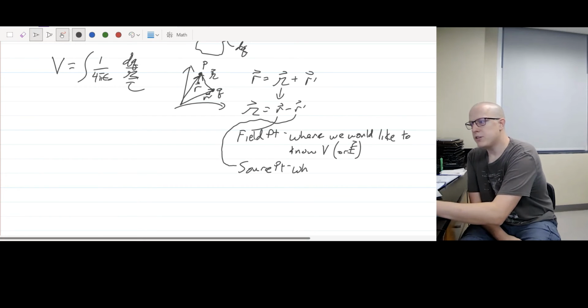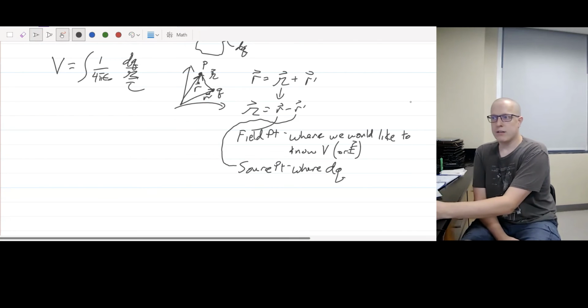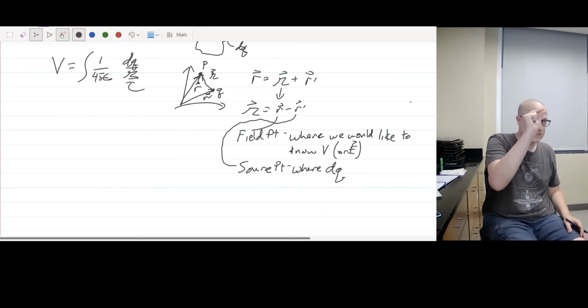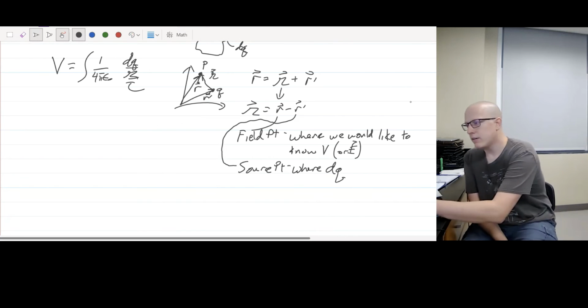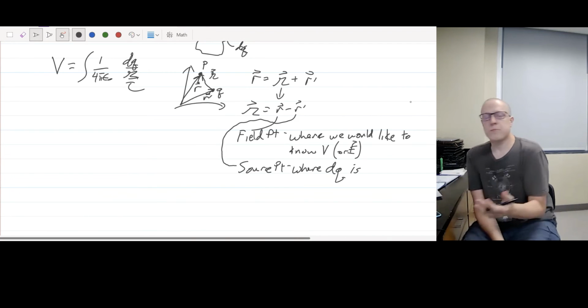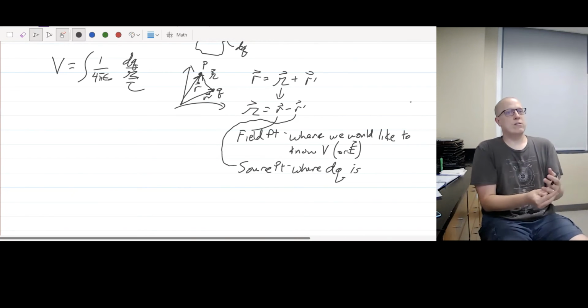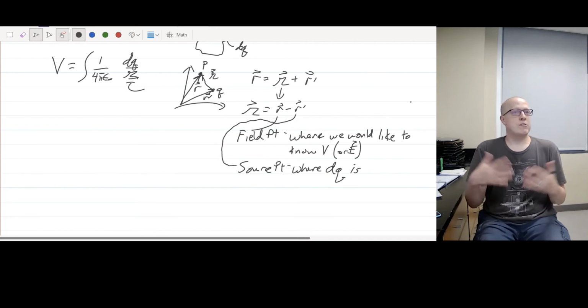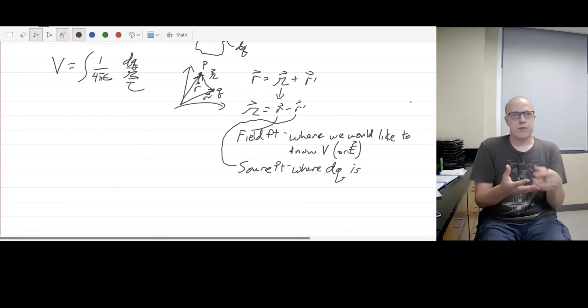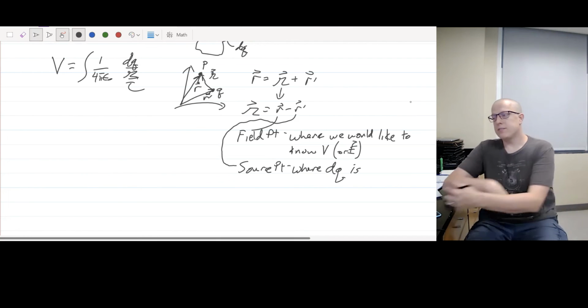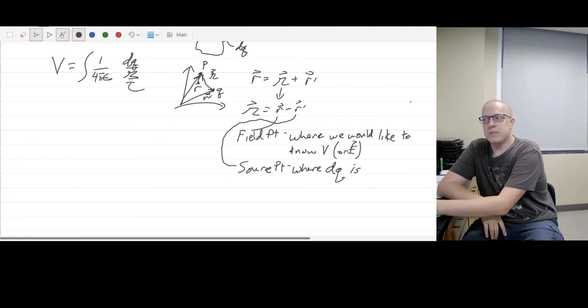And this is the location of where the charge is, or in this case, since we're integrating, it's where dq is. Where is that little piece of charge that I picked out? And so both of them are vectors. I can write out r and r prime using things like ijk or r theta phi, and I get those vectors. And then if I just subtract them, I get script r.